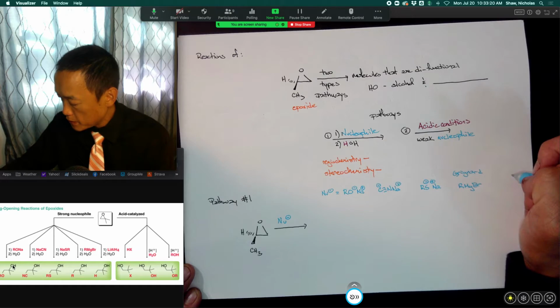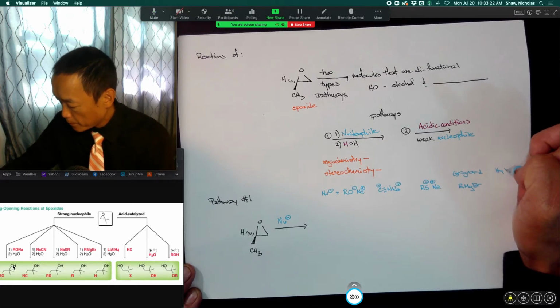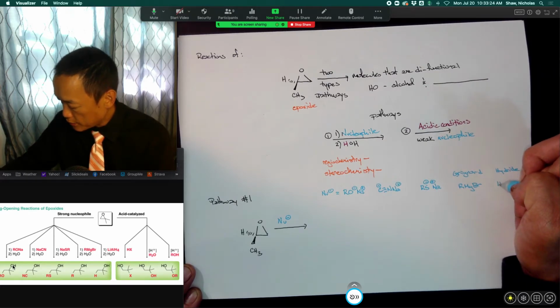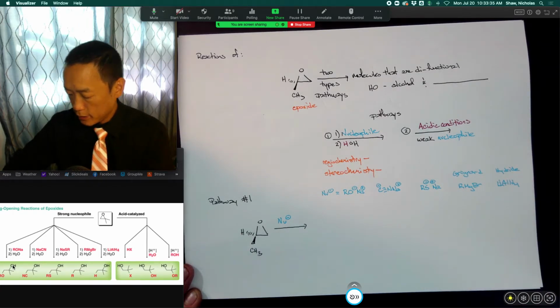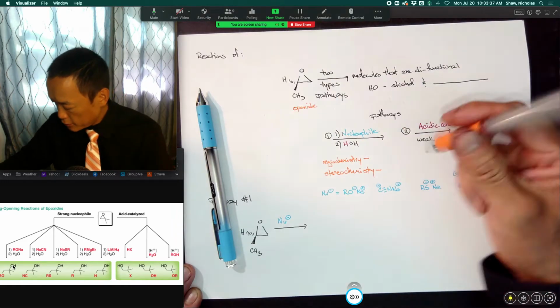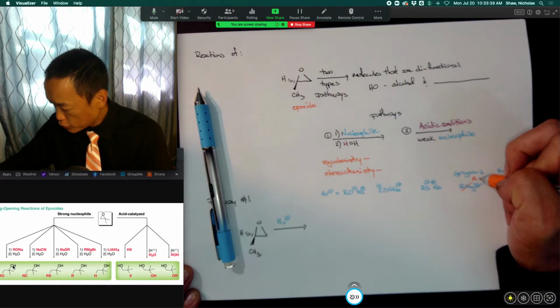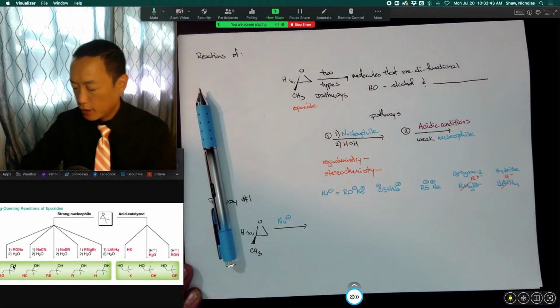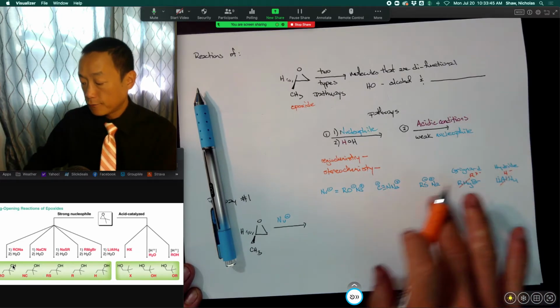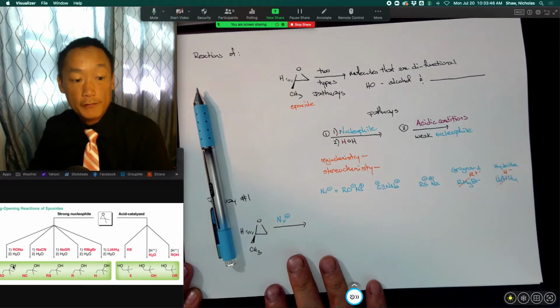Or it could be a hydride, which we would add as lithium aluminum hydride. Remembering that you have an R partial minus here and an H minus here. So obviously nucleophiles along each and every single one of those points.